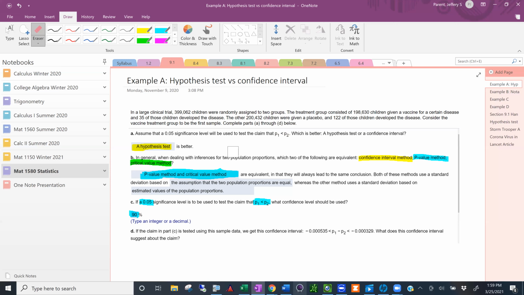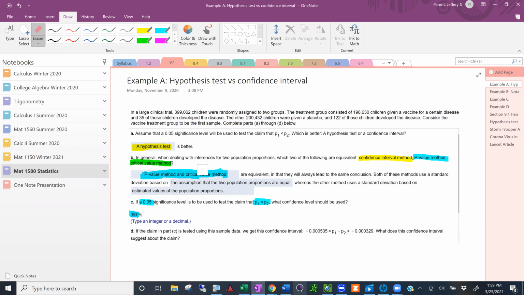But there's a couple ways you can test that hypothesis claim. Those 3 methods would be the confidence interval method, the p-value method, and the critical value method. Of those, the p-value method, which is what we do, and the critical value method are going to be equivalent.